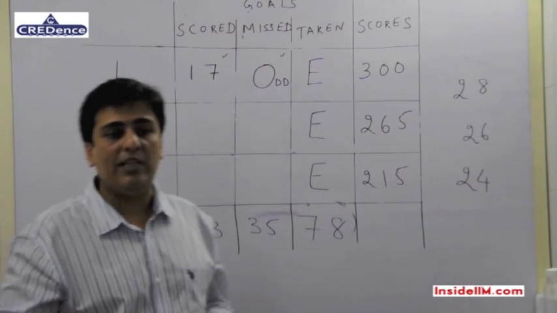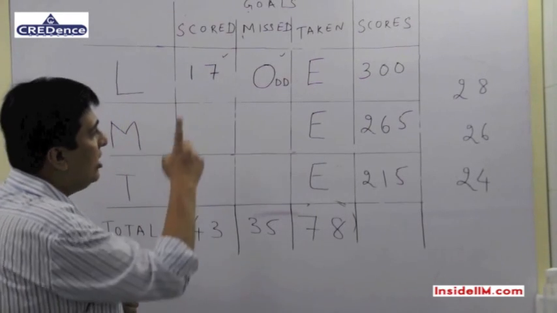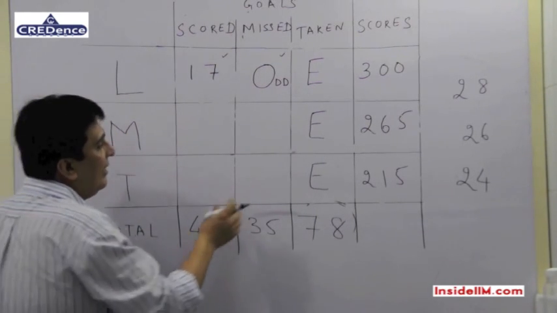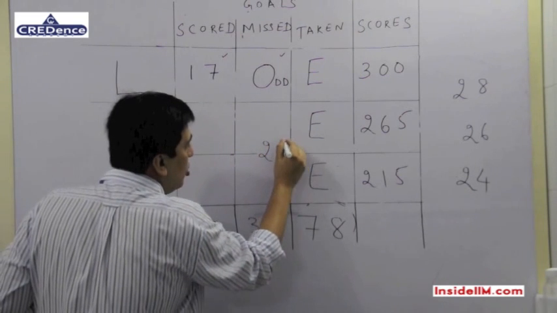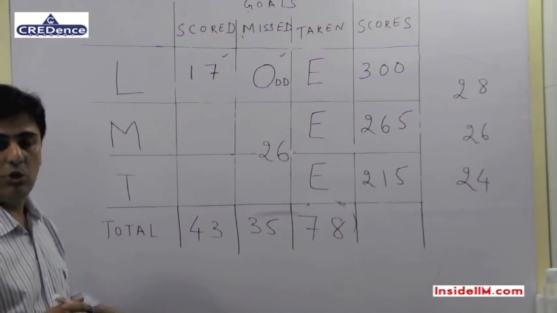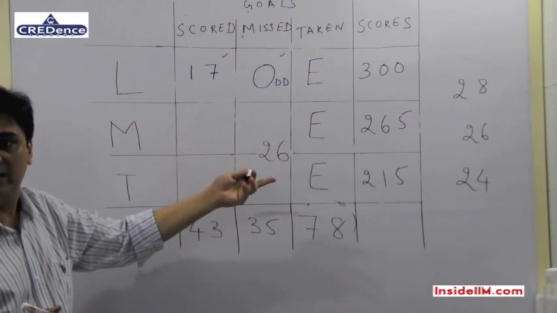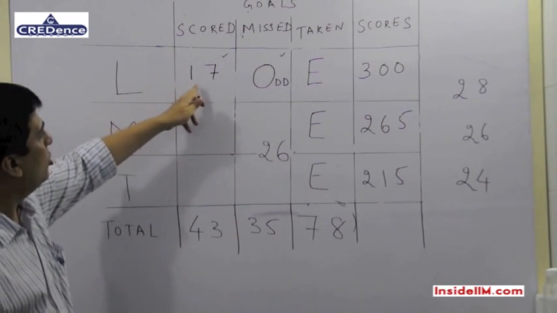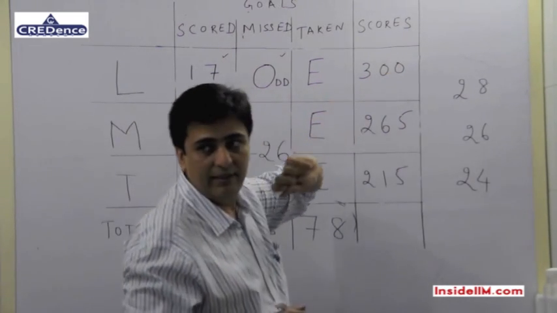These bonus points will come to him when the others miss their goals. So to achieve 130 points, the others together will have to miss 26 goals. 26 goals missed by them will give 26 times 5, which is 130, for Lampard. So Lampard's score will come to 170 plus 130, which is 300.